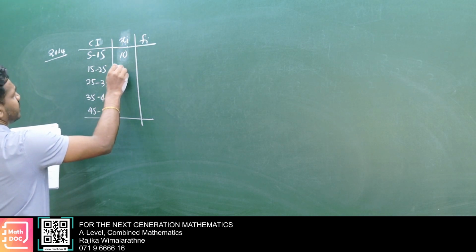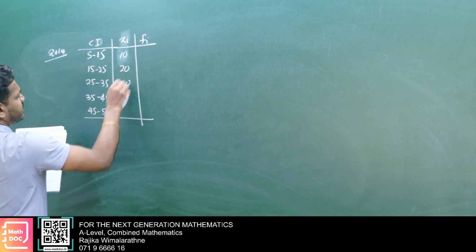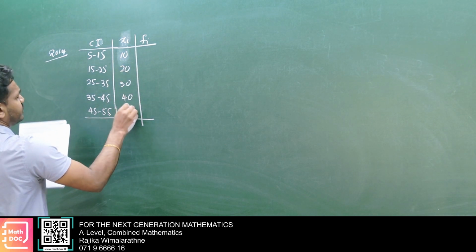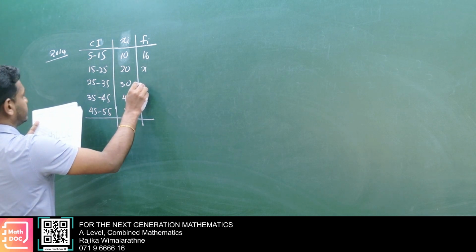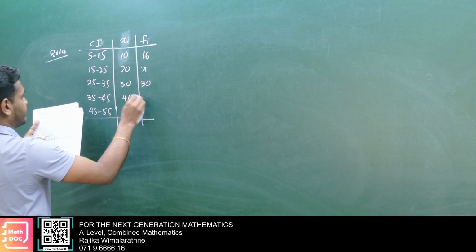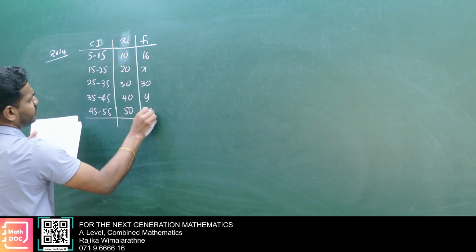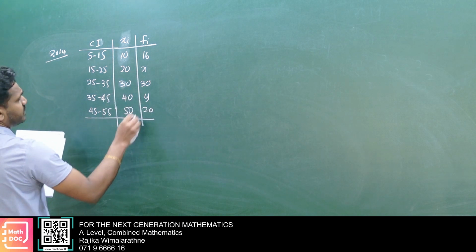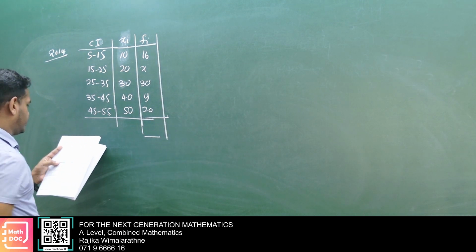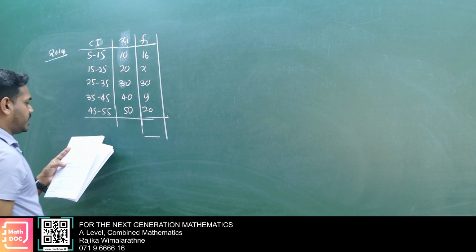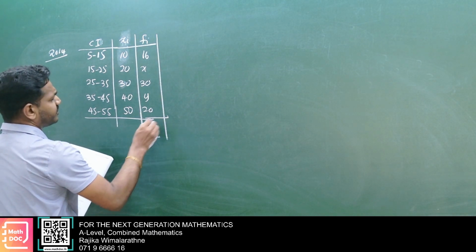Mid values 10, 20, 30, 40, 50. Frequencies 16, x, 30, y, 20. Then the frequency sum is 100 observations.